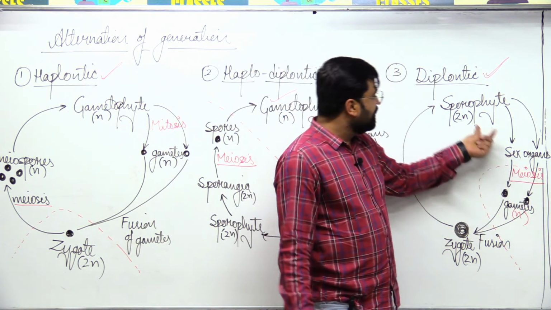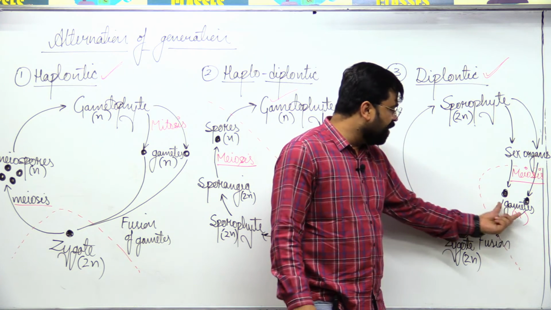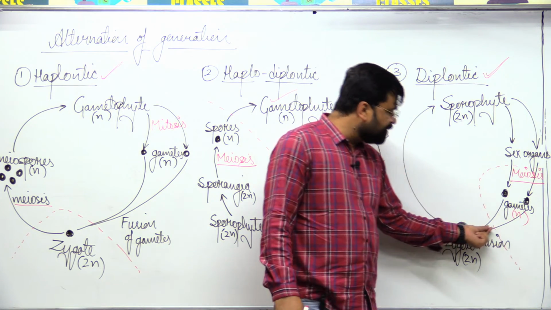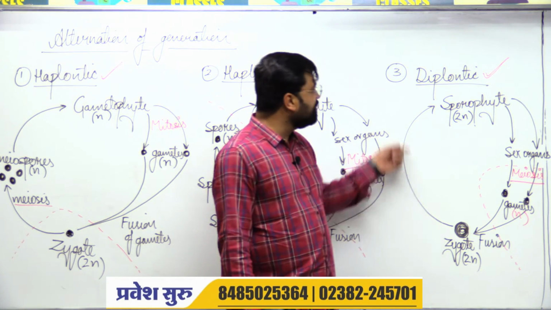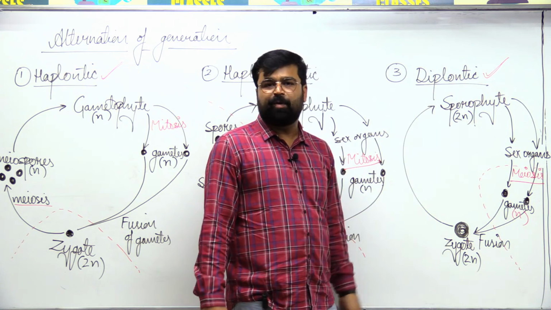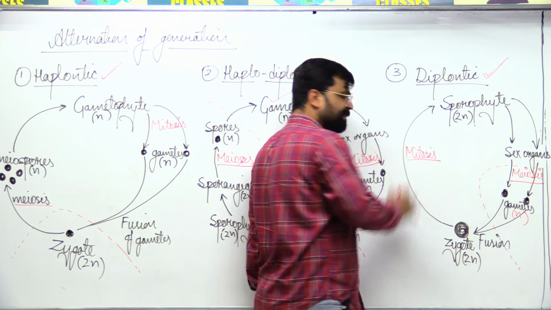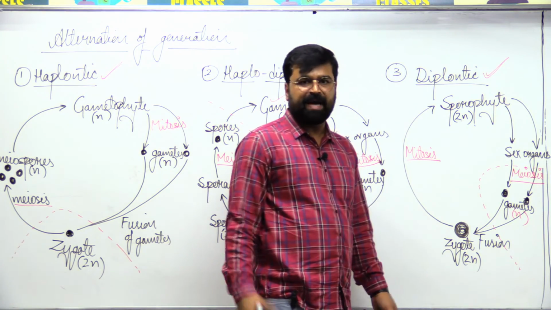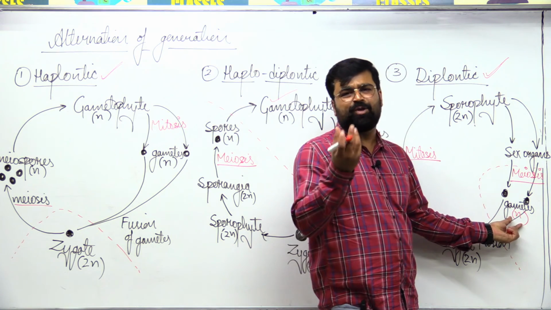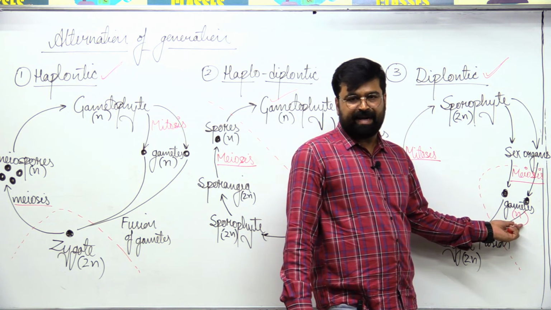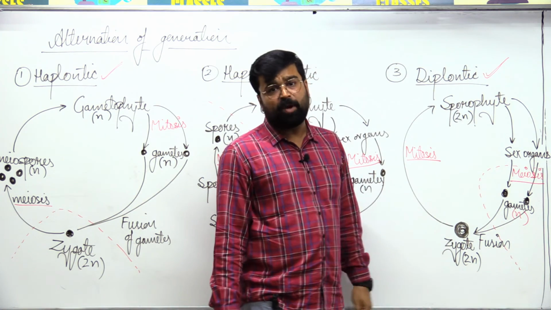By now you must have understood, we have written so many times about mitosis and meiosis. Here meiosis has occurred, so what will be formed from the diploid parent? Haploid gametes. Now gametes are ready. Gametes again fuse to form a diploid zygote. The zygote will again germinate and grow to form a diploid sporophyte. What type of division? Here again mitosis will take place. Ploidy will remain the same. As you can see, the haploid phase is very short-lived. The major part of the plant life cycle is in the diploid phase.